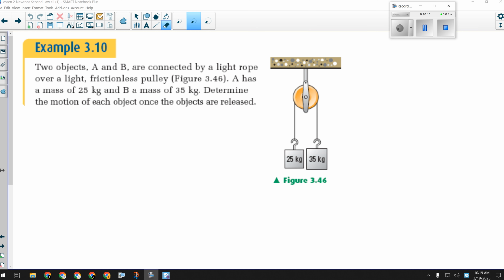It's hanging there. So if I let this system go, I'm holding it like this. When I let it go, is that 35 kilogram mass going to accelerate at 9.81 meters per second squared, or is it going to accelerate less? If I just had a 35 kilogram mass and I dropped it, it would accelerate at 9.81 meters per second squared. But now it's attached over a pulley to another mass. Is that going to affect it?